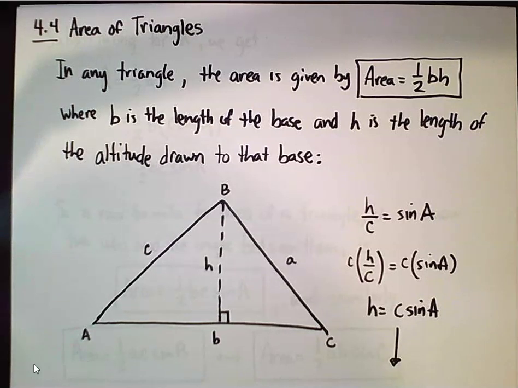Now, if we have an oblique triangle, then the altitude is going to come from one of the angles to the base opposite that angle.